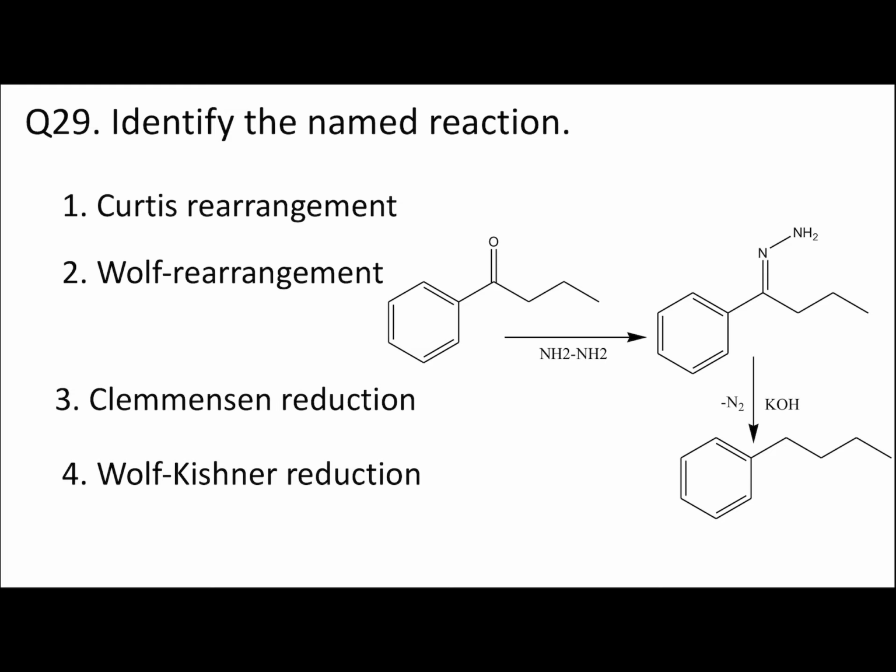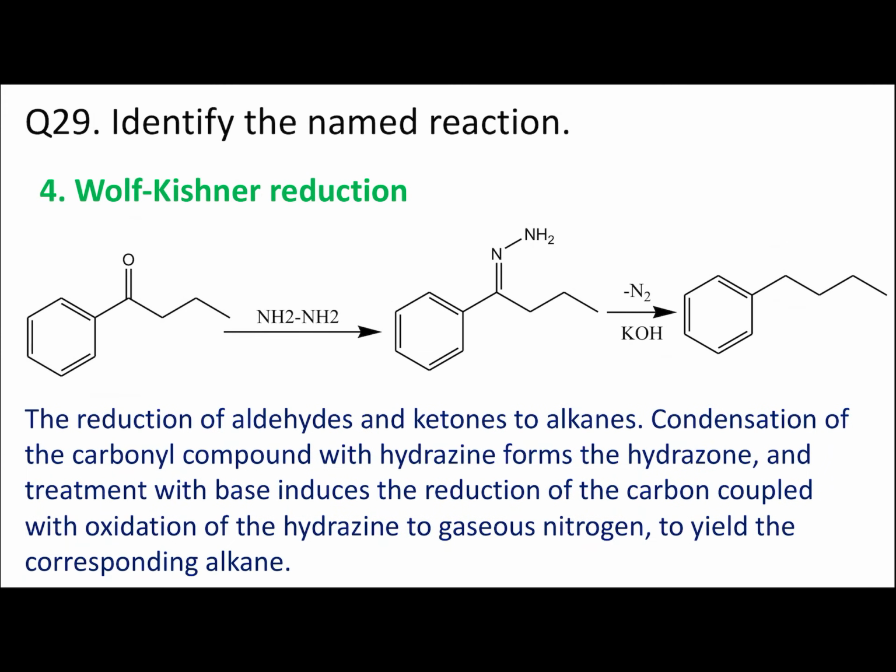And next is the use of base, which is KOH, and nitrogen gas N2 is removed, and from our ketone an alkane is prepared. So this reaction is a reduction reaction. Okay, it is a Wolff-Kishner reduction, and the reduction of aldehydes or ketones to alkanes can be achieved, and the condensation of the carbonyl compound with hydrazine forms hydrazone.